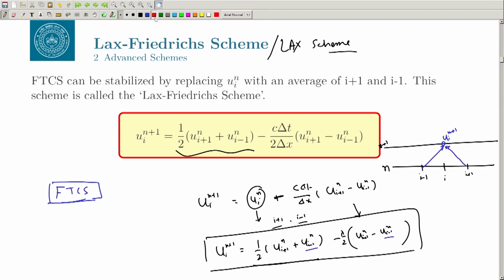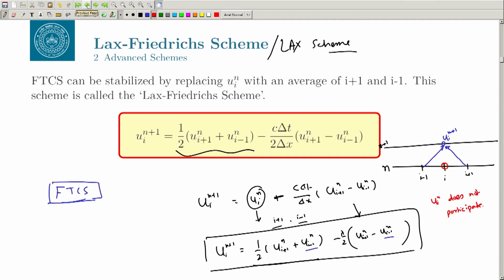So, u_i^n does not participate. You are trying to calculate u_i^{n+1}, but u_i^n does not participate. Similarly, if you want to calculate u_{i+1}^{n+1}, then u_{i+1}^n will not participate.